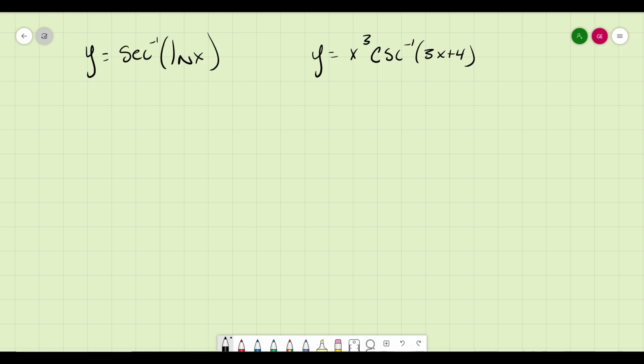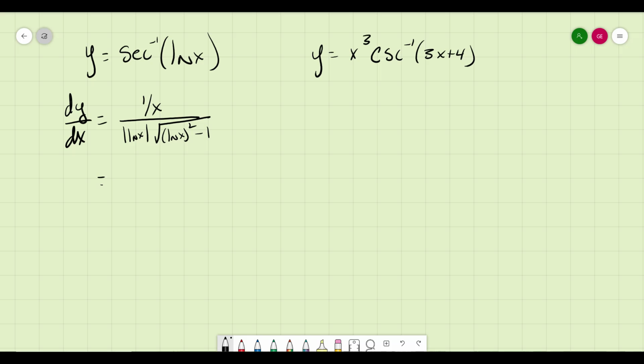So let's take a look at this derivative. Again, we're going to follow the same pattern of u prime, etc. So dy dx is equal to u prime, the derivative of this, which is 1 over x, times the absolute value of ln x, and then the square root of ln x squared minus 1.